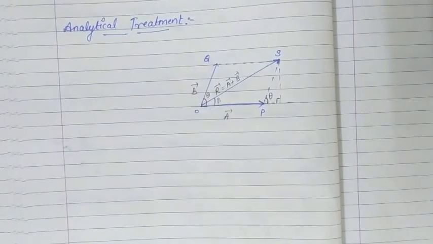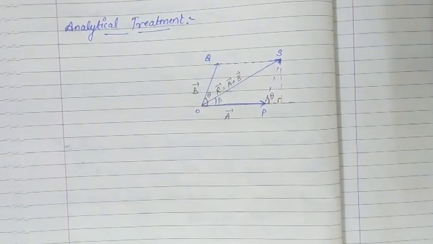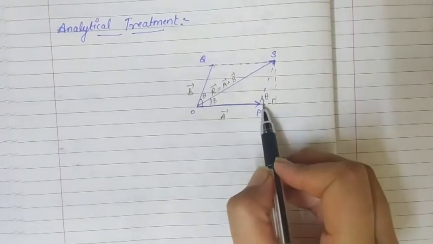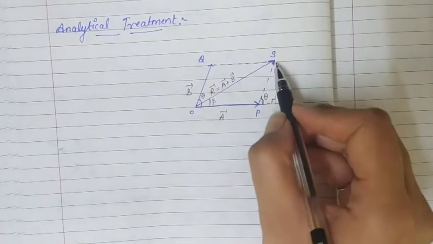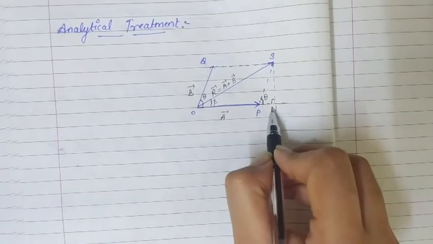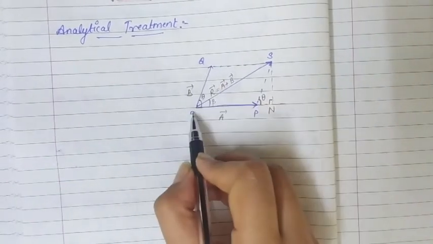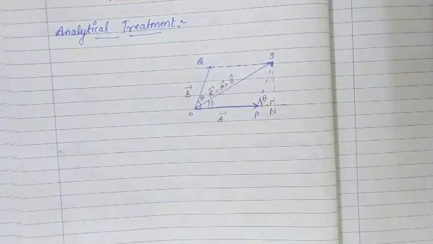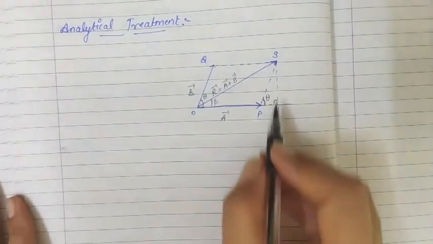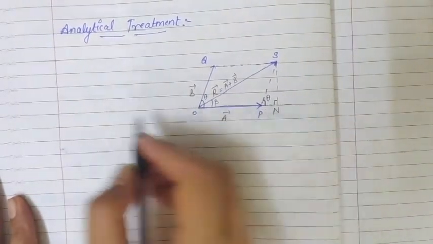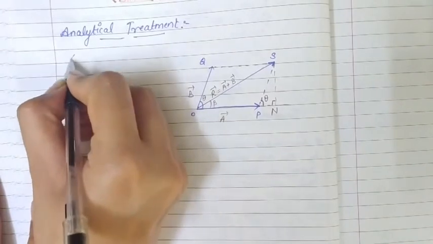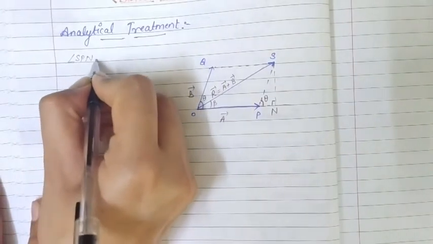According to the properties of parallelogram, this angle SPN, let it be N, then angle SPN is equal to angle QOP, that is theta. So now from this triangle SPN, we have angle SPN is equal to theta.